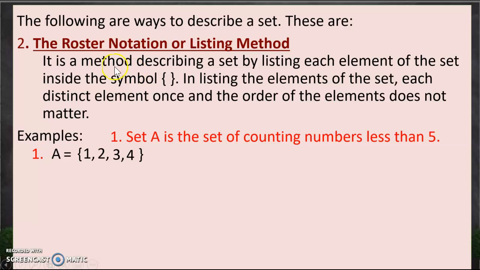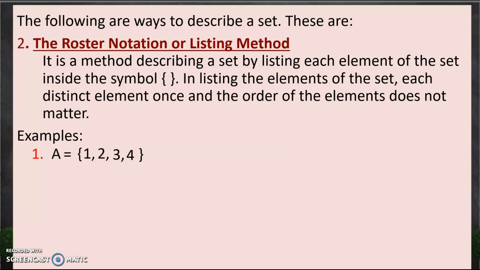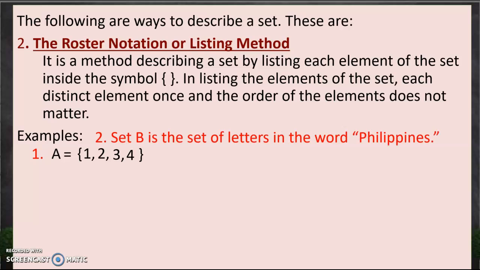So again, in roster notation, we use a capital letter in naming a set, we have an equal sign, then the elements are enclosed by curly braces. We read it as set A is 1, 2, 3, 4. Okay, example number 2: Set B is the set of letters in the word Philippines.